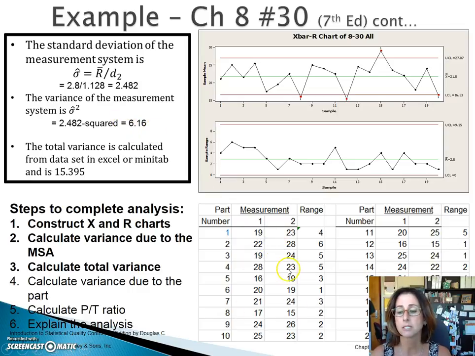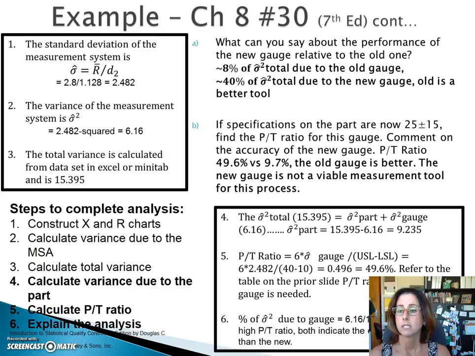We use this data set in total, and these slides are posted so you can see the total data set in the slides. We put this in Excel or Minitab, and we see that the variance of the data set in total is 15.395. So we can back into the variance due to the part by showing that the variance in total equals the variance of the part plus the variance of the gauge.